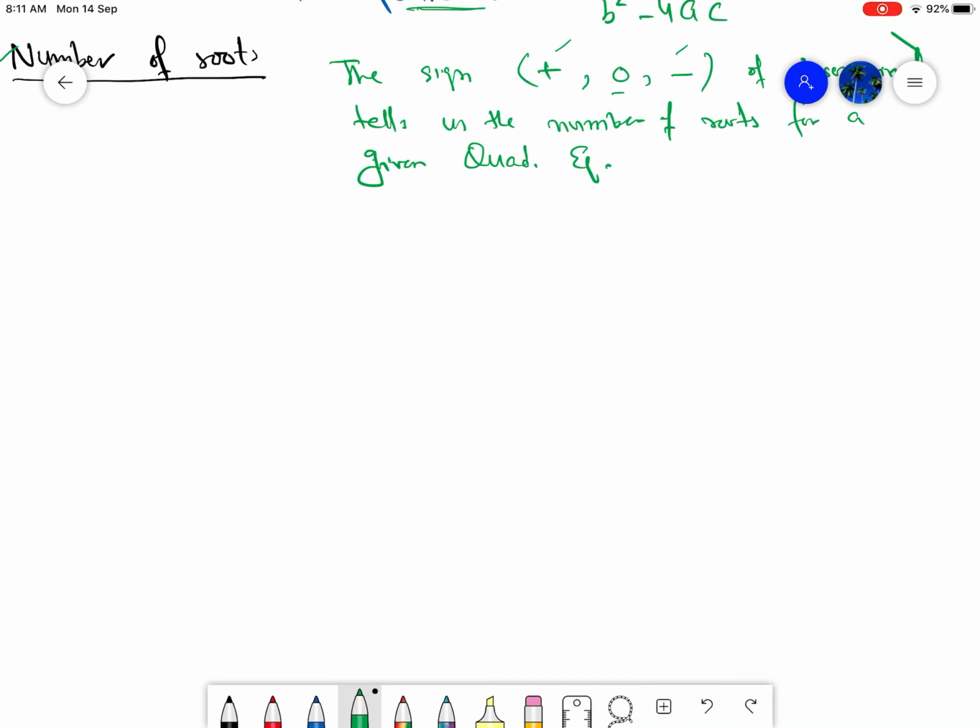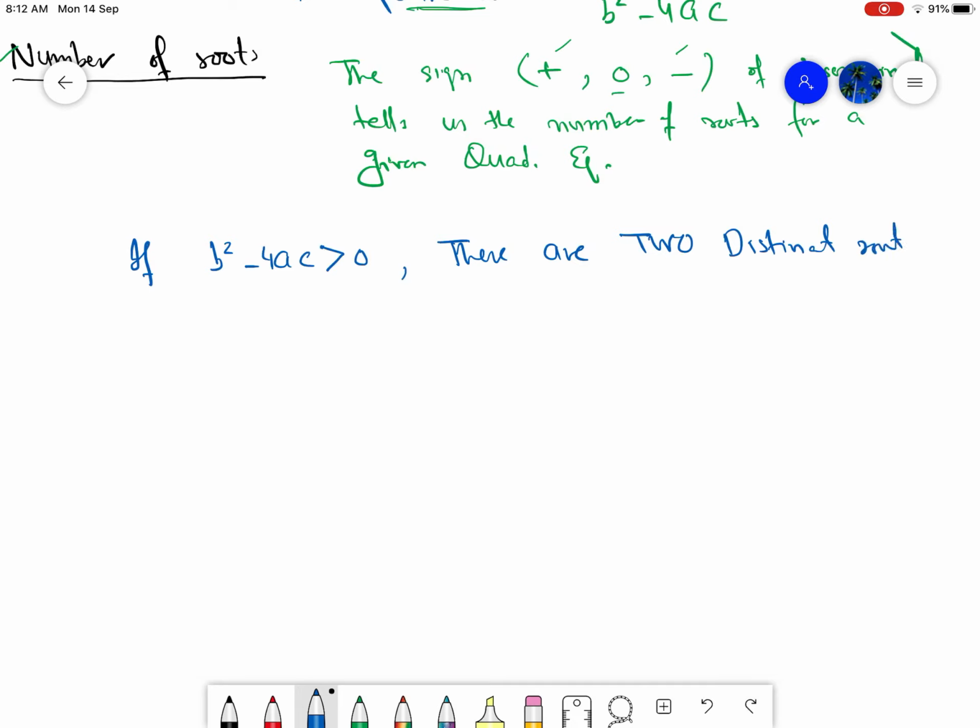So the rule is, if the value of the discriminant b squared minus 4ac is greater than 0, meaning the part under the square root is positive, then there are two distinct roots.